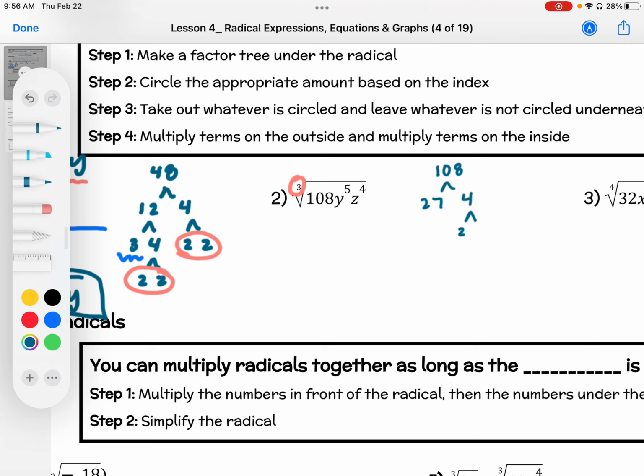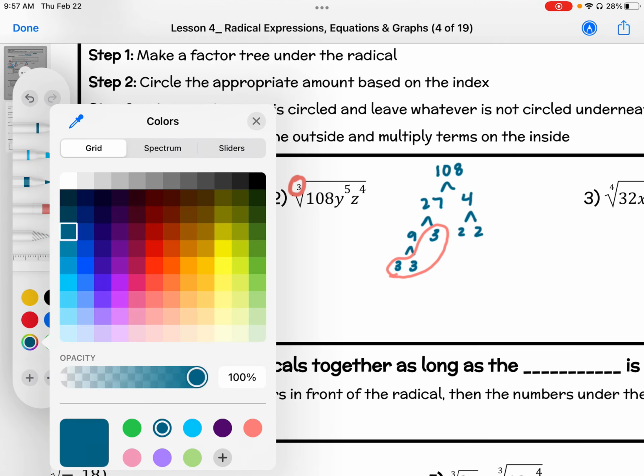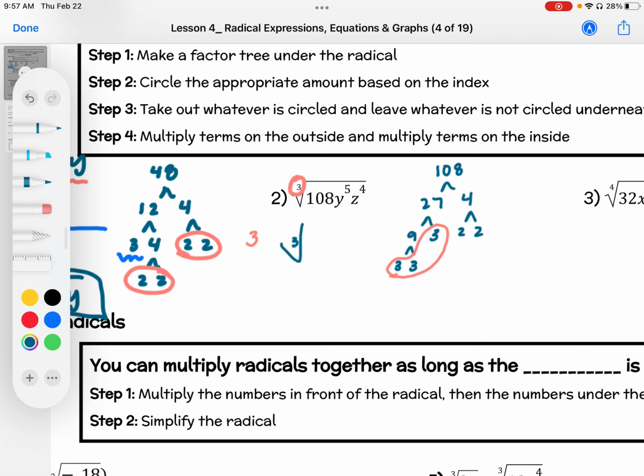Break down 4 and we have 2 2's. 27 is 9 and 3, and then 9 is 3 and 3. We're looking for groups of 3, so we have 3 3's, and we only have 2 2's, so we can't do anything with those 2's. So we're going to have 1 3 on the outside, and then we're going to have our 2 2's left on the inside, so 2 times 2.